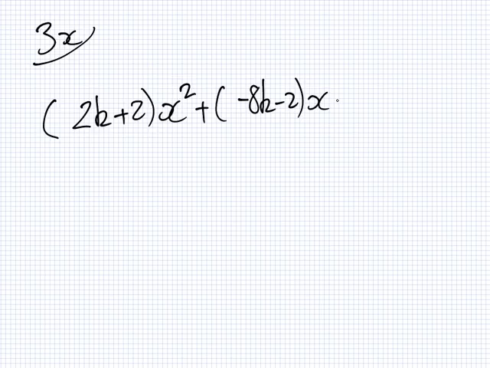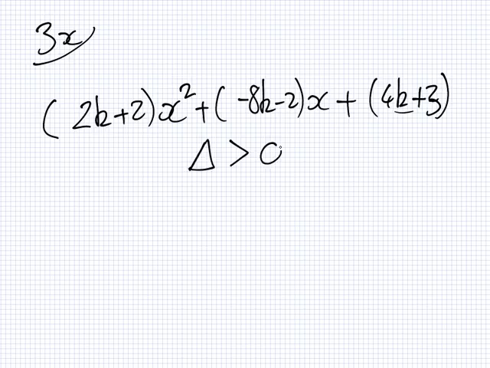Bracket 2k plus 2, x squared, plus bracket minus 8k minus 2, plus bracket x plus bracket 4k plus 2, plus 3. And what do I ask you to do? It has 2 distinct roots, and in each case find the values of k.